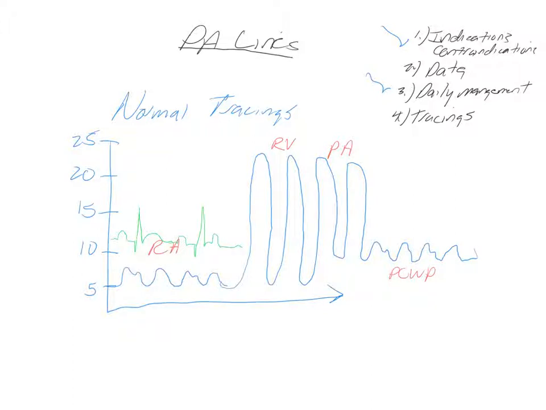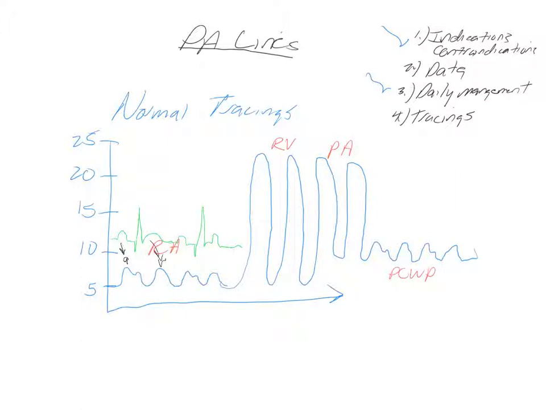And so we know that the A wave, which we'll talk about in detail shortly, represents atrial contraction and therefore follows the P wave. And the V wave represents atrial filling and often follows the T wave.